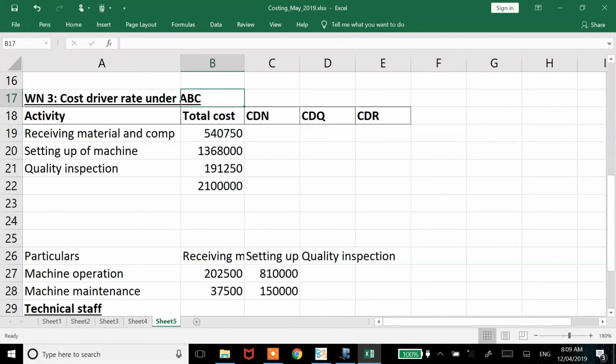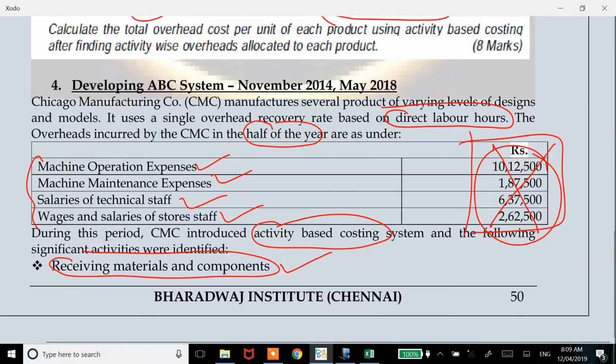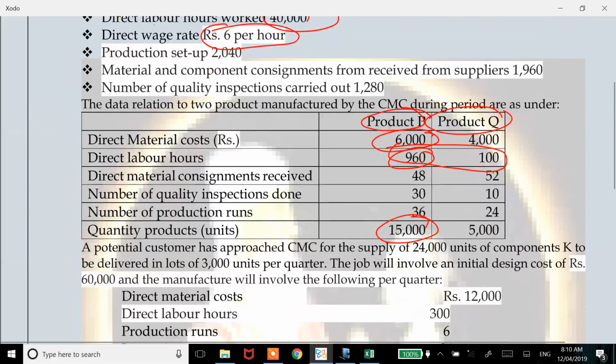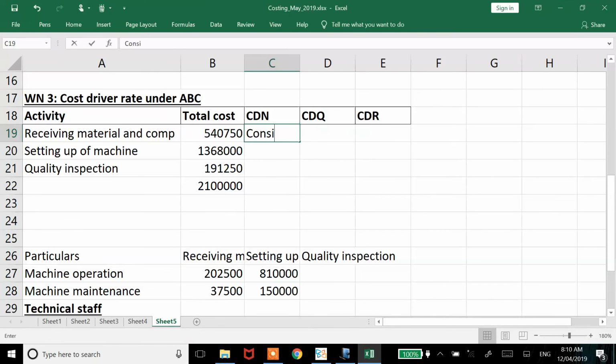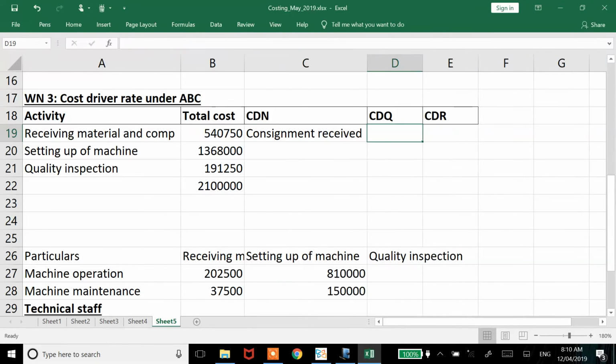Now, any doubts till this? What should be the cost driver for receiving material? Material and component consignment received, because their job is to receive material, so you can call it consignment received.